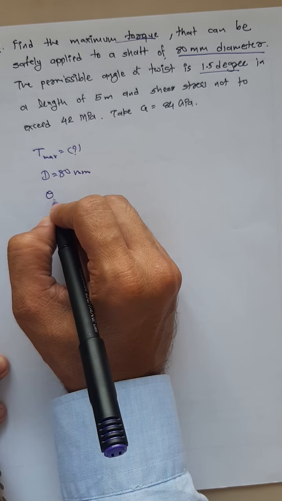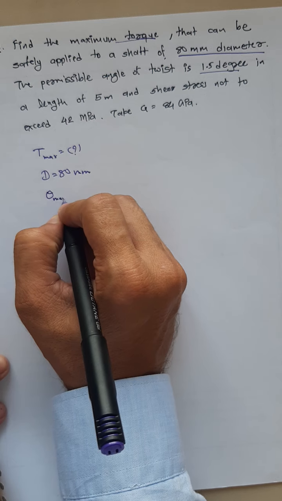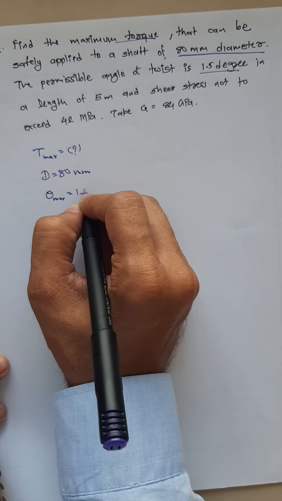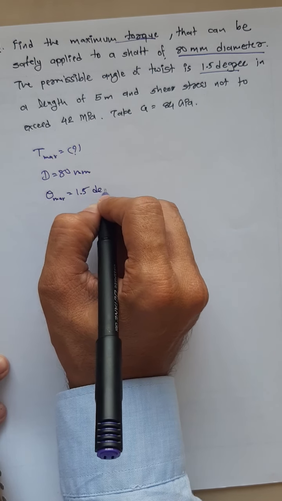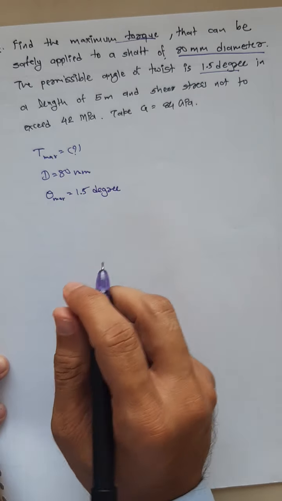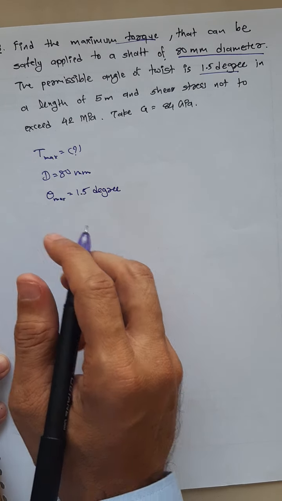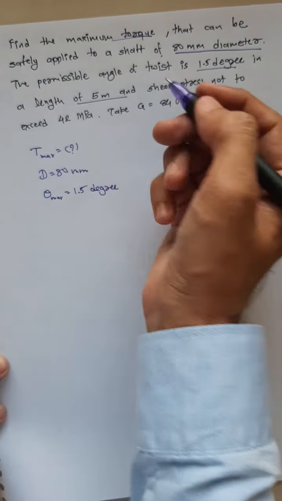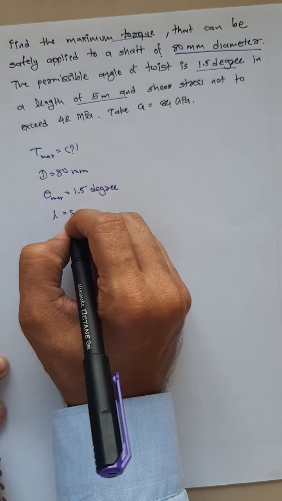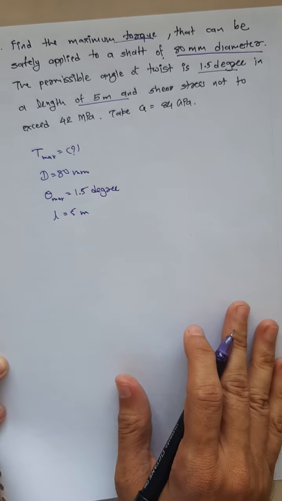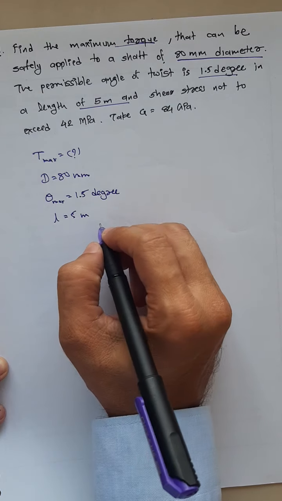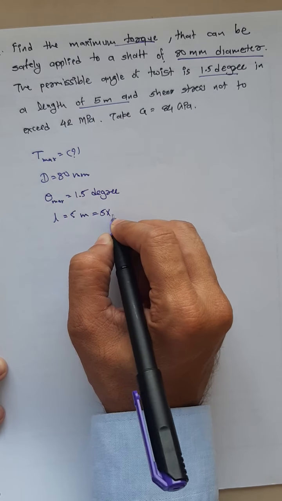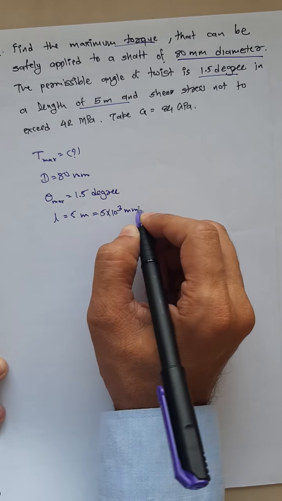So theta permissible, you can say theta max is equal to 1.5 degree in a length of 5 meter. Means length of shaft is given as 5 meter. We converted this into mm, 5 into 10 raised to 3 mm.